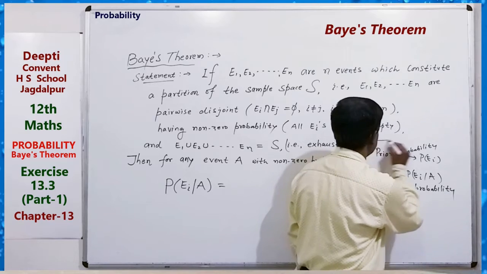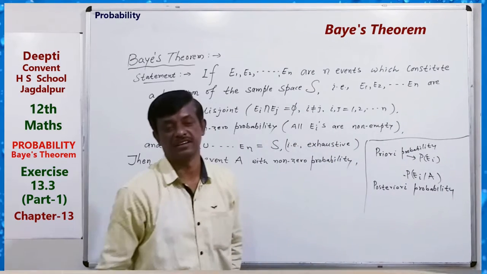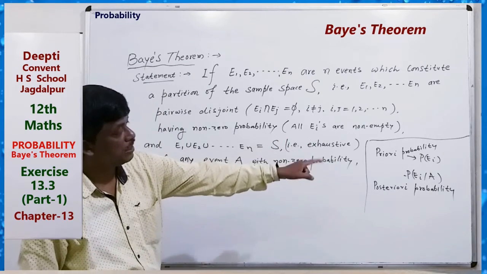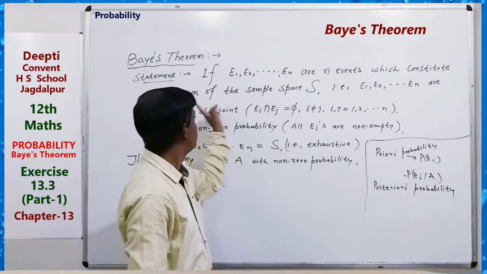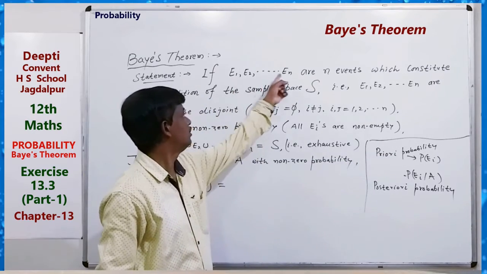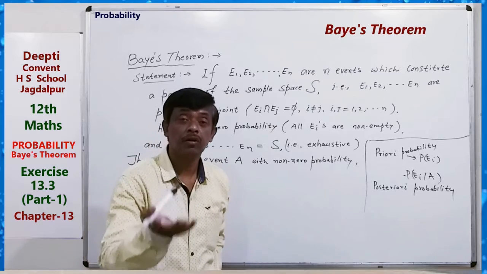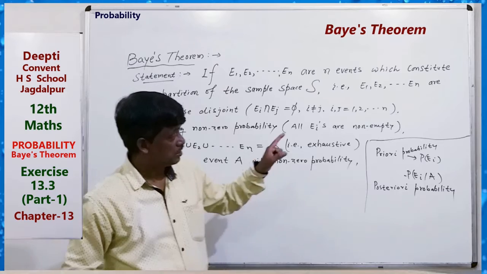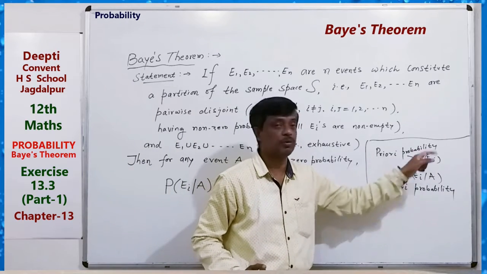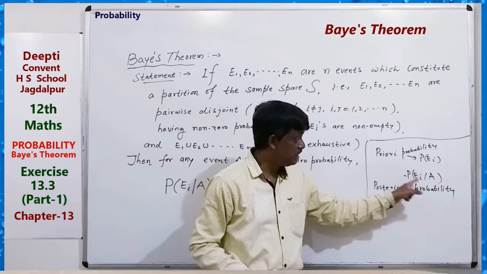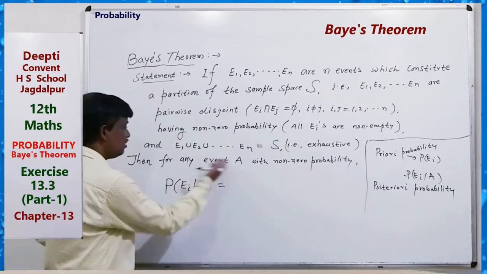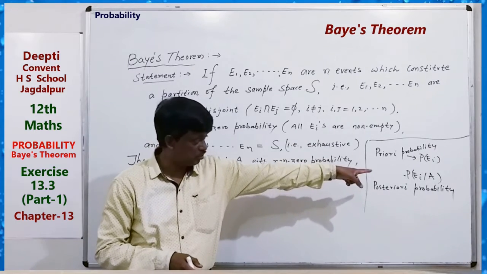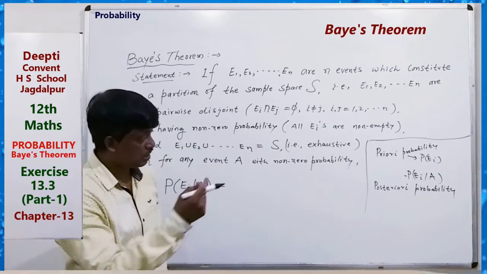This is special notation with a special name. Priori probability is P(Ei), where E1, E2, E3 up to En are called hypotheses in the case of Bayes theorem. And P(Ei by A), when A is any event of non-zero probability having already happened, this conditional probability is known as posteriori probability.